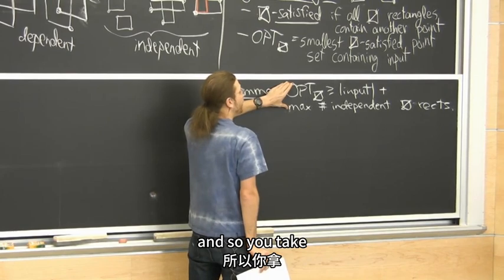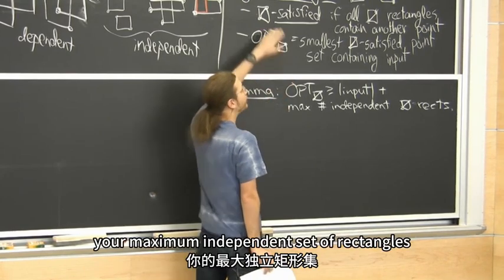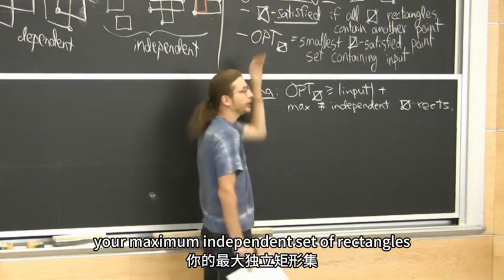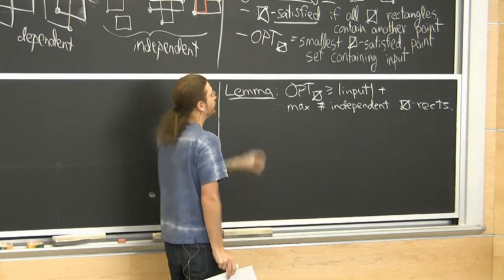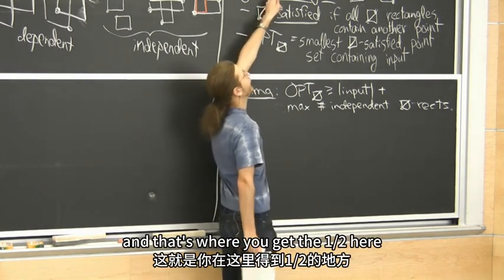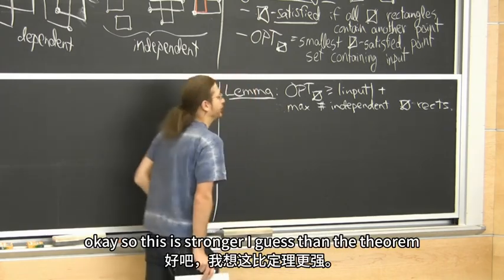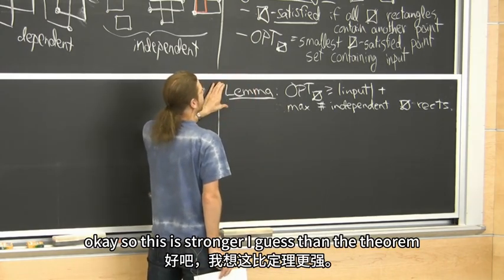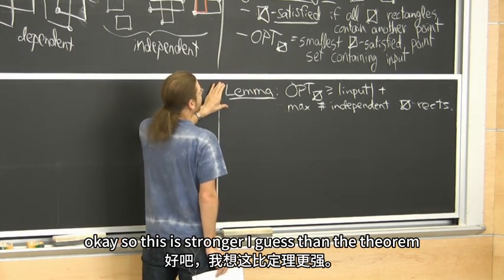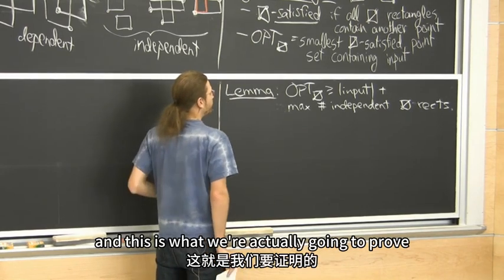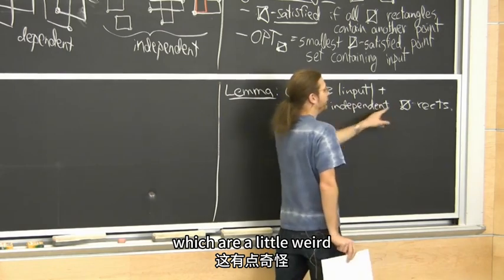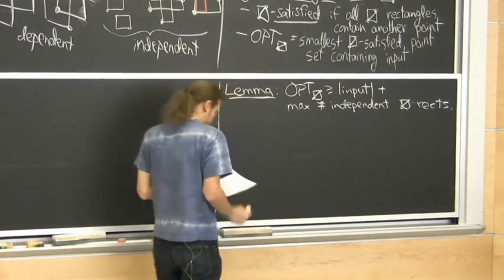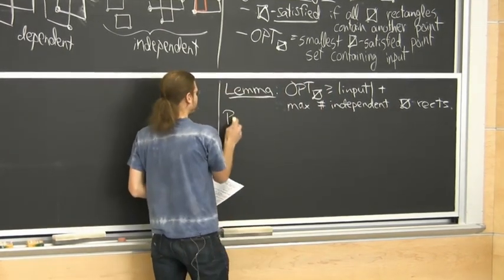And so you take your maximum independent set of rectangles, at least half of them are plus or at least half of them are minus. You apply this bound, and that's where you get the 1/2 here. Okay, so this is stronger, I guess, than the theorem, and this is what we're actually going to prove. And so in this world, we just are thinking about plus rectangles, which is a little weird, but it works.